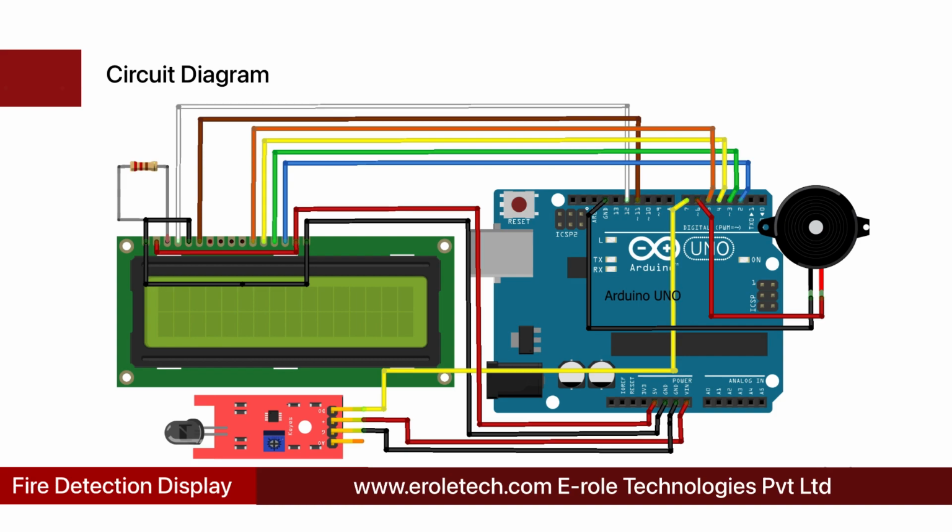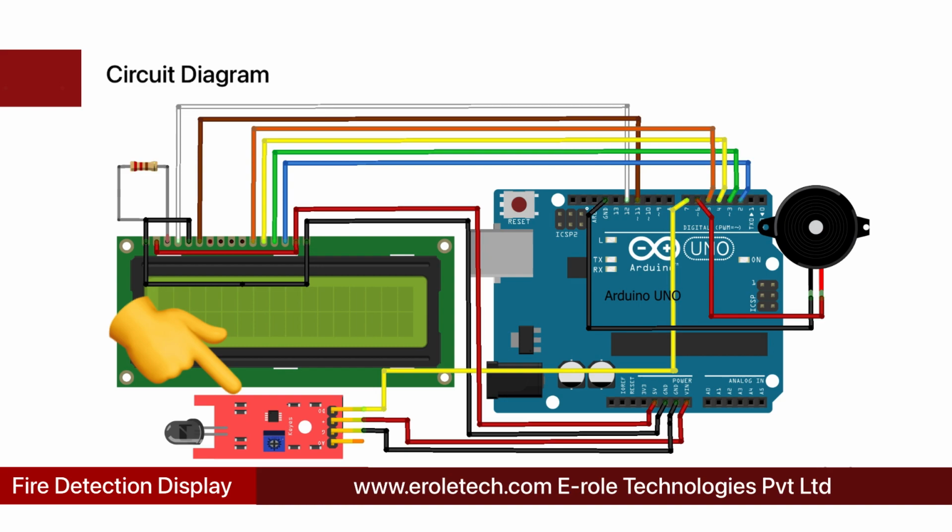Pin 11, 12, 13, and 14 of LCD display are connected to pin 5, 4, 3 and 2 of Arduino respectively. We have connected the positive terminal of buzzer with Arduino's pin number 6. Negative terminal of the buzzer is connected to the ground pin of Arduino.